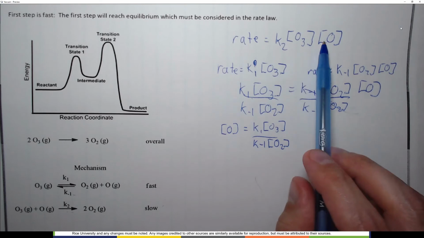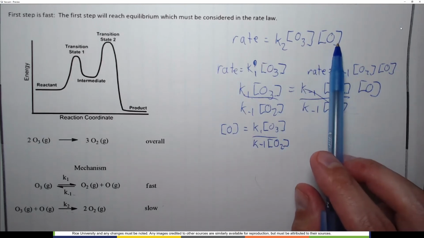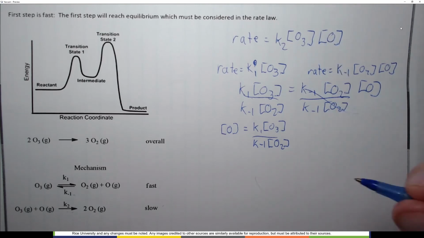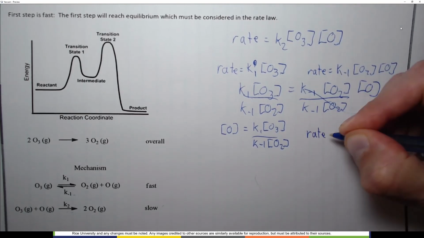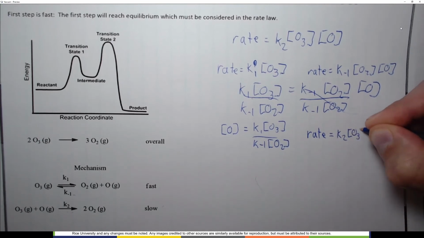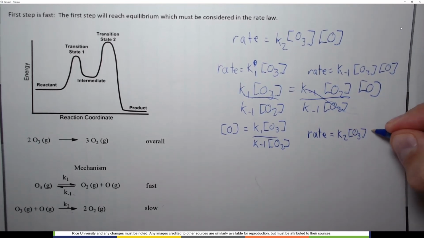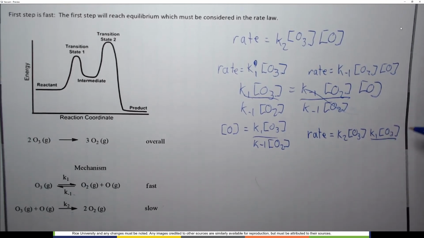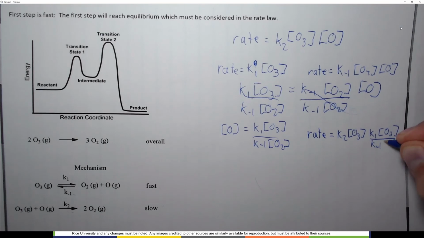Well, now I can plug this in for this. Rate equals k2, concentration O3, times k1 concentration O3, divided by k-1 concentration of O2.